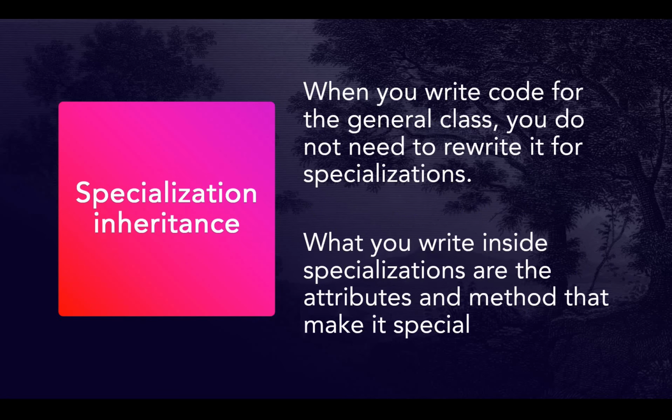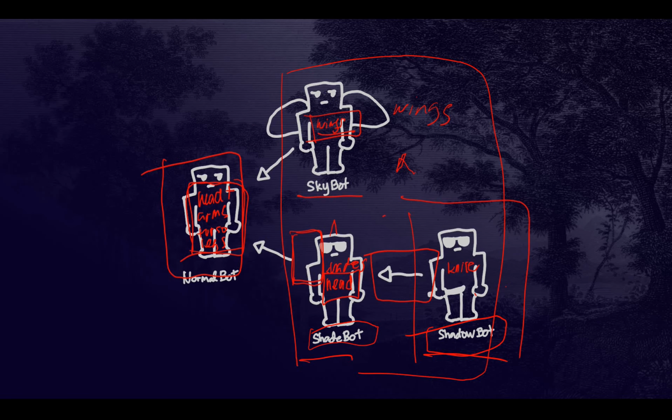So, for example, if you try to interact with an instance of a shadow bot as a normal bot, it can be interacted with that way, but it will behave as a shadow bot because it is specifically a shadow bot. It is both a normal bot and a shadow bot. Again, having multiple forms, enabling polymorphism.